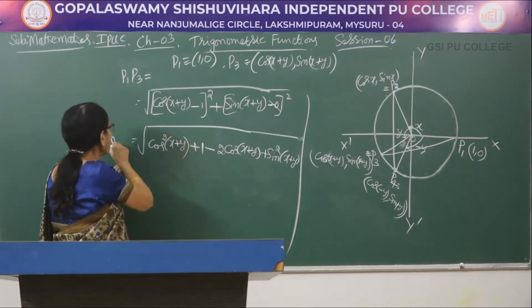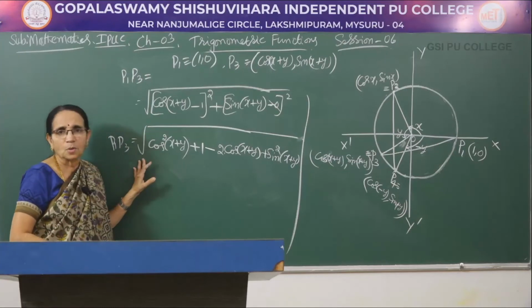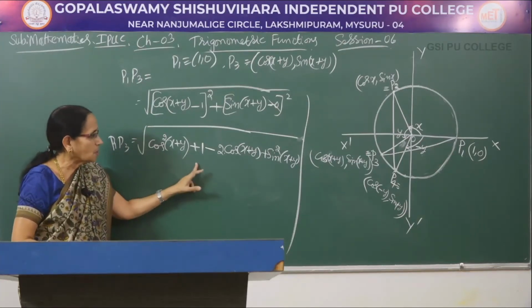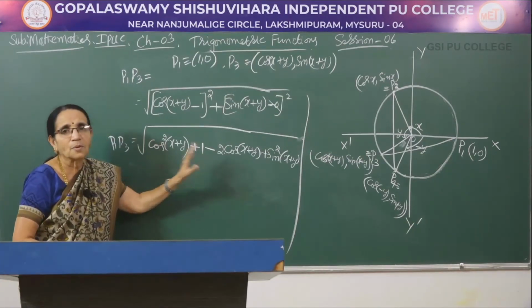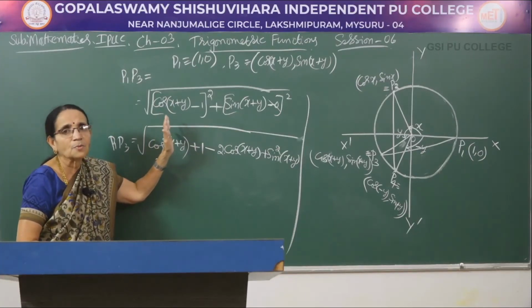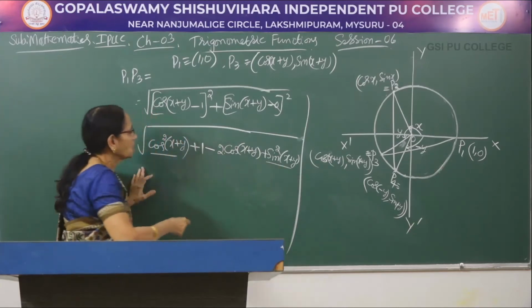So, P1P3 would be equal to square root of cos square of x plus y plus 1 minus 2 cos of x plus y plus sin square of x plus y. So, we have made use of the formula of analytical geometry. Now, look at these quantities.